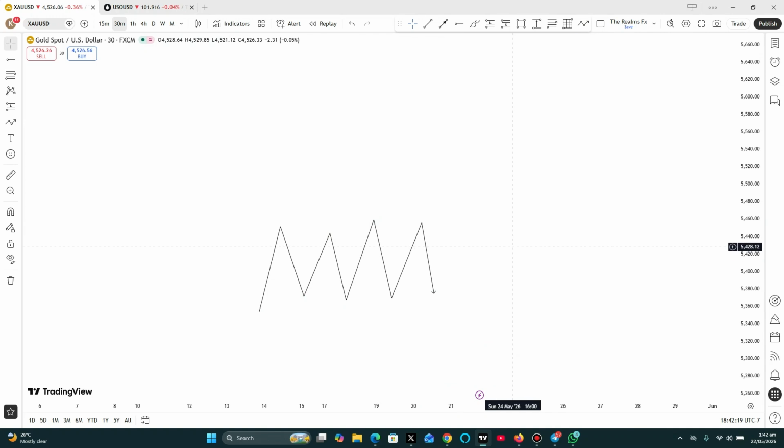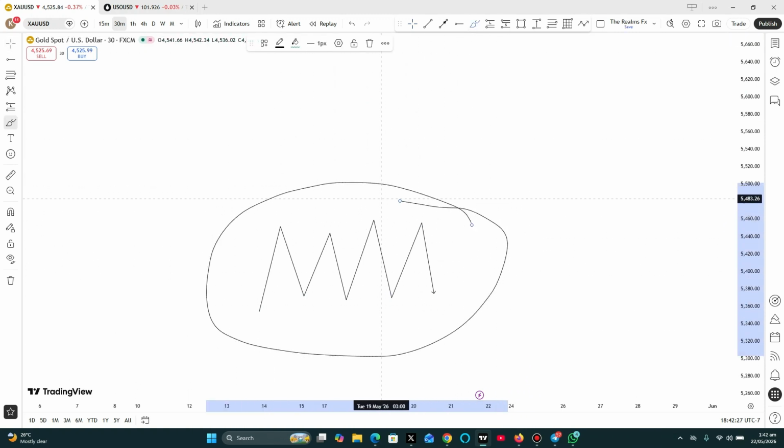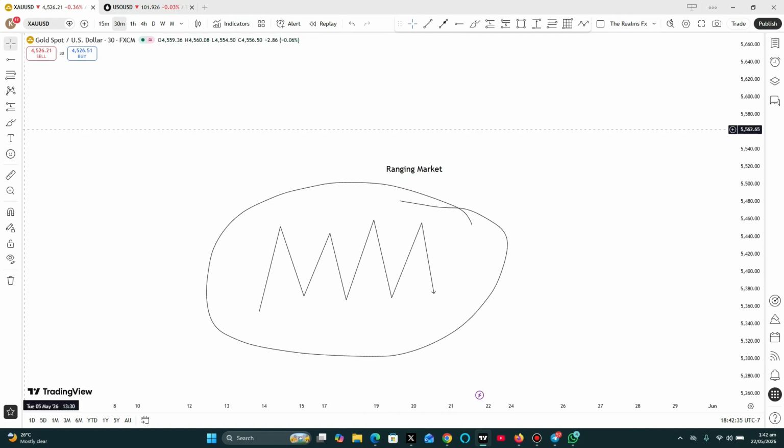Do you understand? So something like this, the market is just messy. So many a times traders don't like to trade in this phase or range when the market is consolidating. Okay, when the market is consolidating, traders tend to stay away.